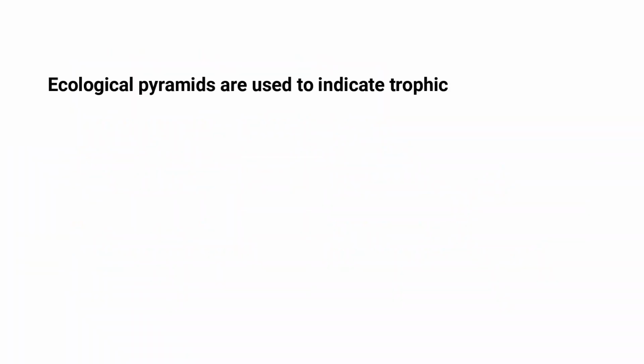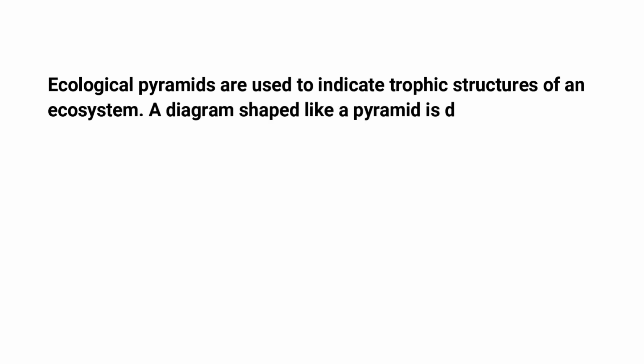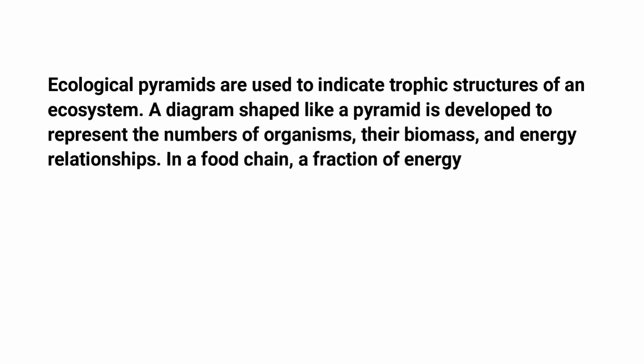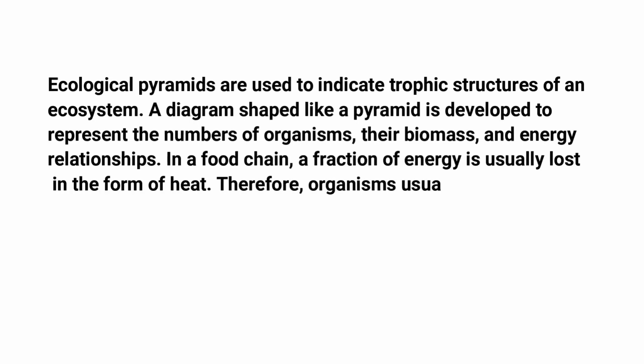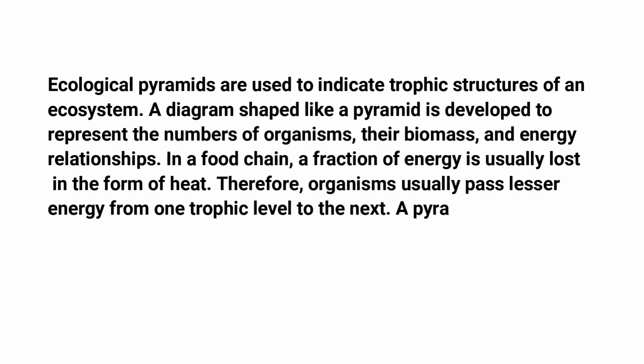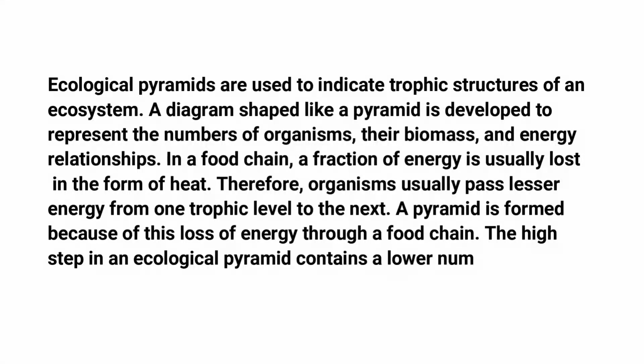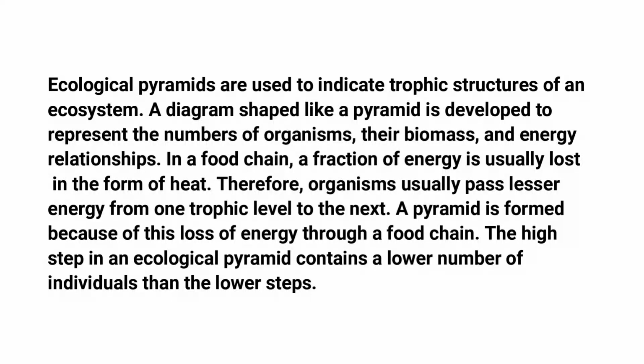Ecological pyramids are used to indicate the trophic structure of an ecosystem. A diagram shaped like a pyramid is developed to represent the numbers of organisms, their biomass, and the energy relationship. In a food chain, a fraction of energy is usually lost in the form of heat.